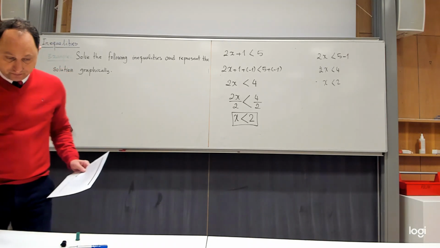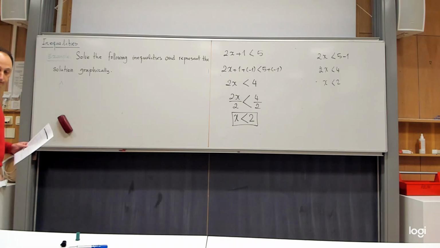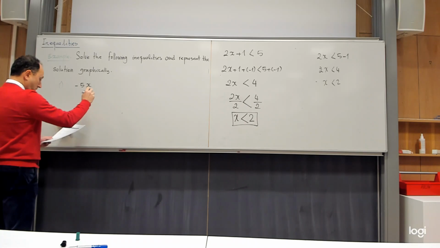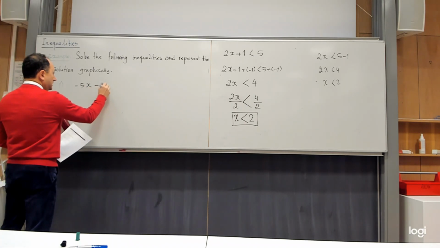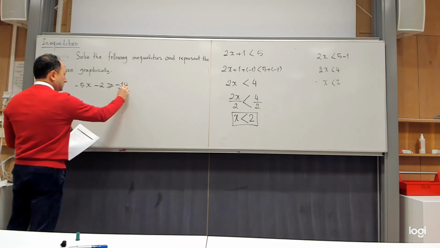Okay, so number one, minus 5x minus 2 is greater than or equal to minus 14.